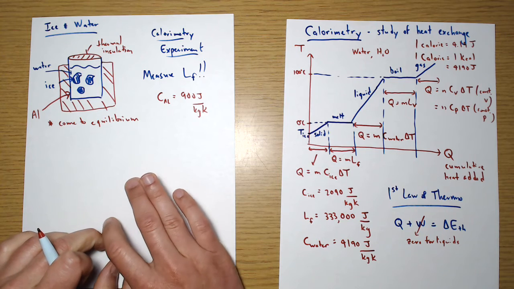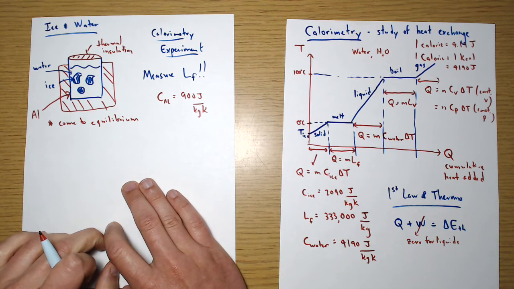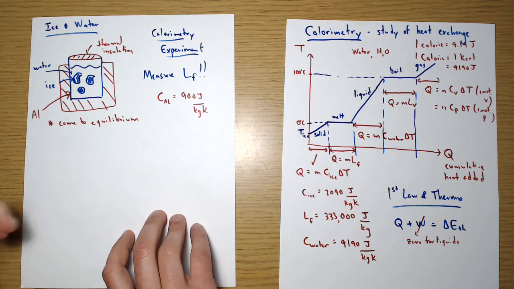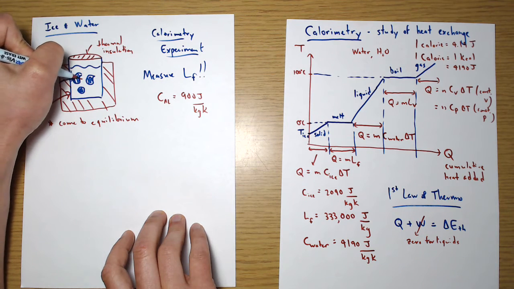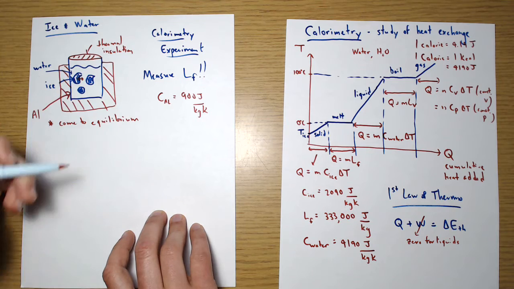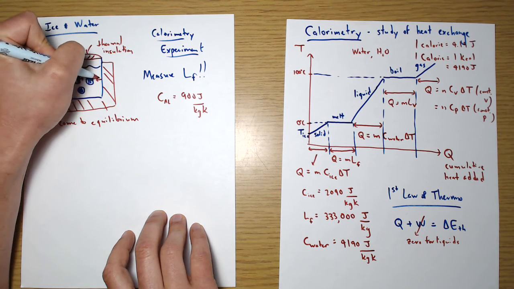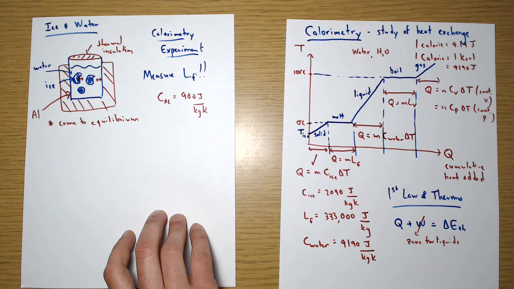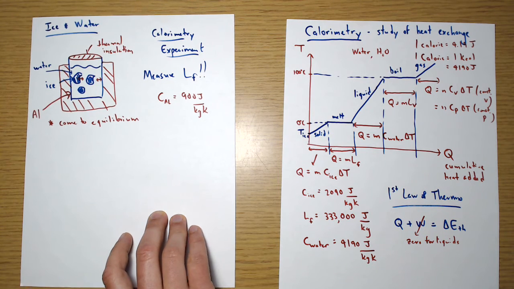Okay, so when the system comes to equilibrium, that basically means there's a heat exchange going on between the ice and the water, and a heat exchange going on between the aluminum and the water, and in a certain amount of time, the system is no longer exchanging heat. That's when it's reached equilibrium.